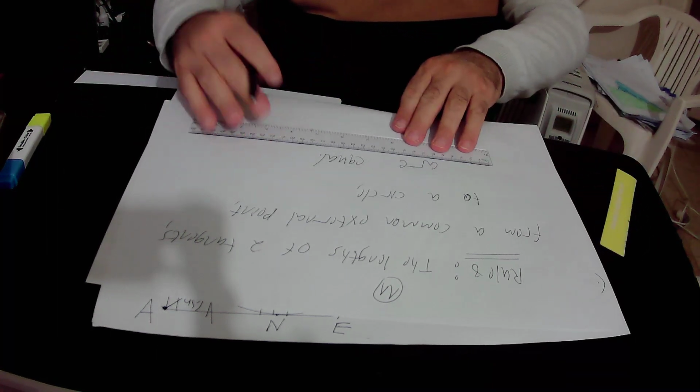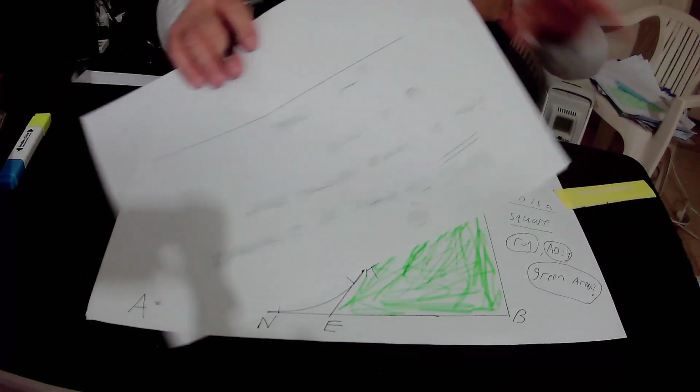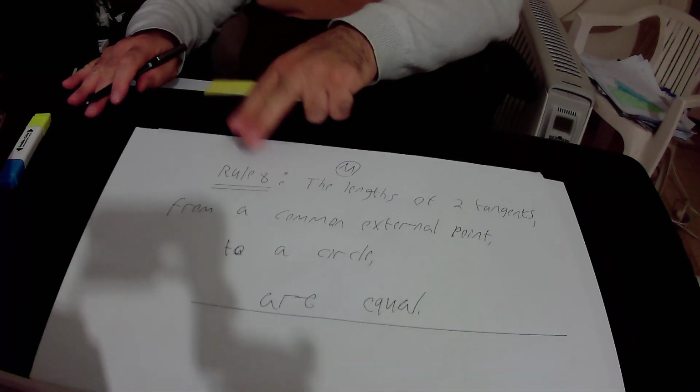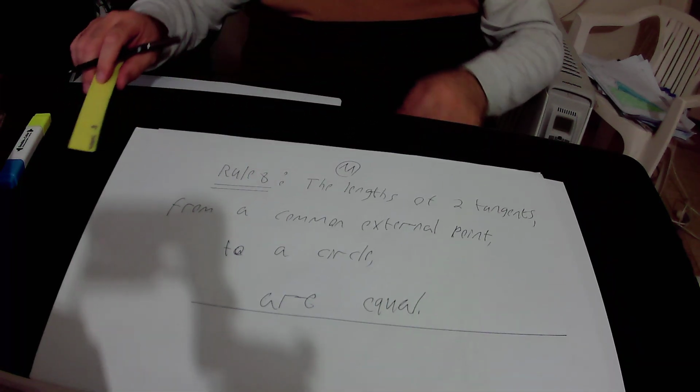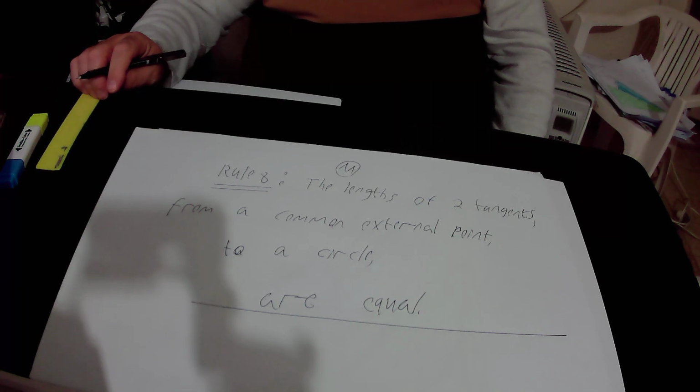Okay, so I will read rule number 8 again. According to rule number 8, the lengths of two tangents from a common external point to a circle are equal.